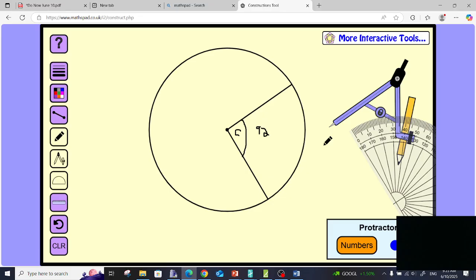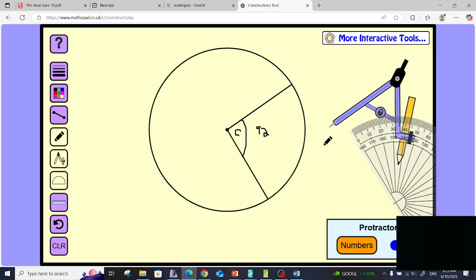Now yours may be different because it depends on what your angle measure was. So if this was 50 on your paper, you would write 50 over here. If this was 75, then you put 75 here. Depends on your angle.